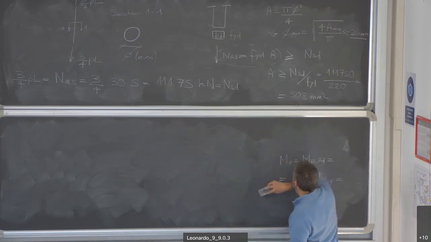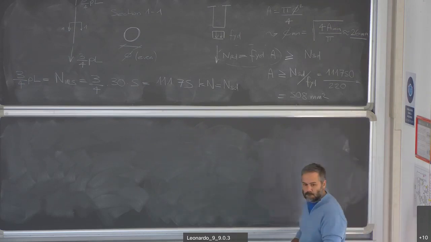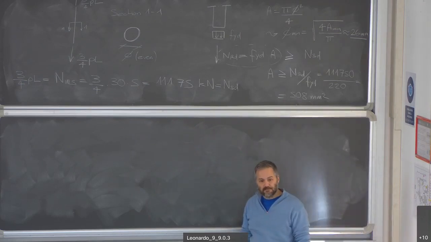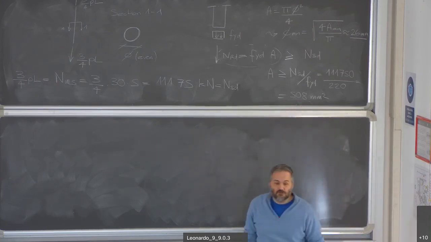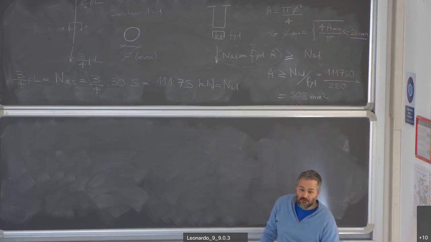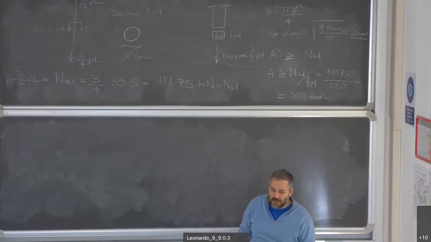But in reality, we should never be able to reach this one, right? Yes. And we will not. There are safety margins. My material, I design it with a yield strength of 220. The yield strength will not be 220, it will be higher. The load is 30. The service load will never be 30. It will be much lower.